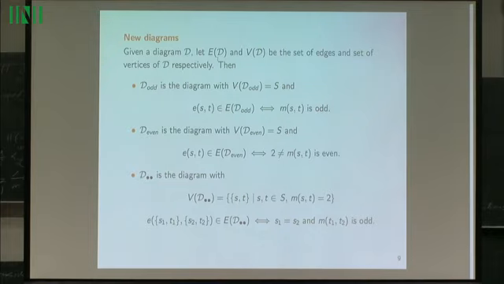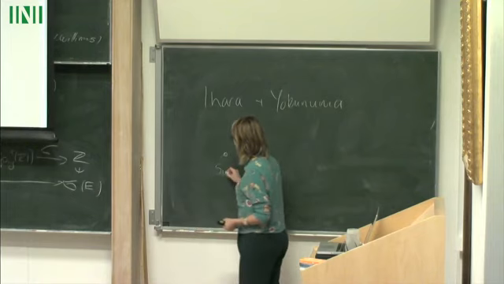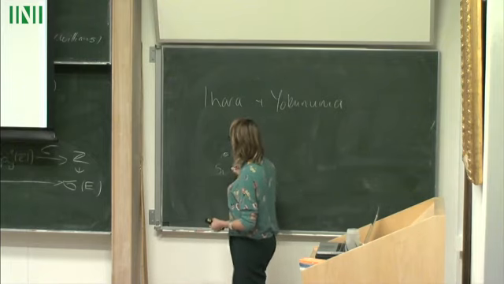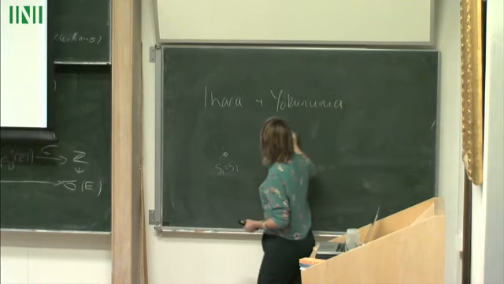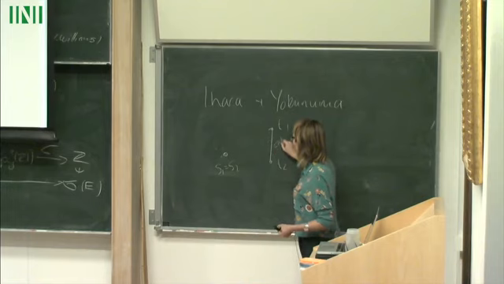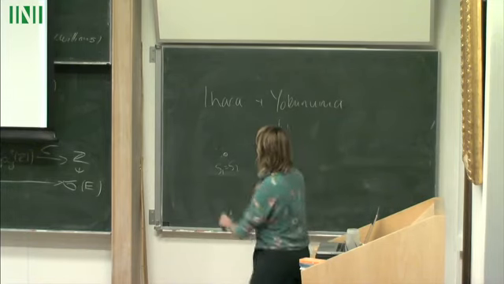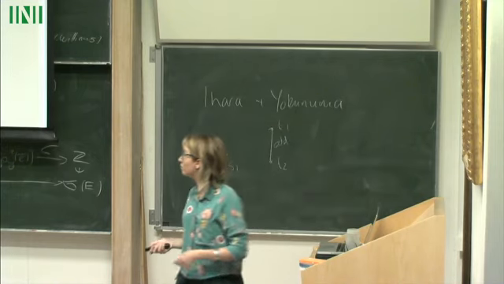And you have an edge between 2 pairs, say S1 and T1 and S2 and T2, if S1 is equal to S2 and T1 and T2 you can see in your Coxeter diagram with an odd edge between them, then you create an edge between these 2 pairs in your diagram.